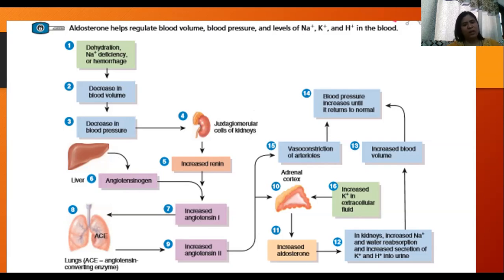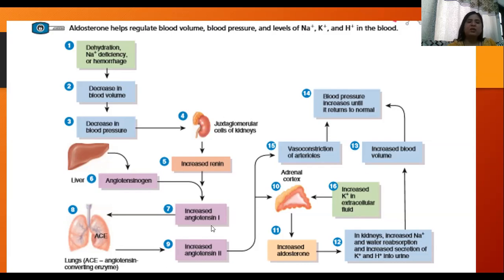Angiotensin 1 will get converted to angiotensin 2 with the help of ACE, that is angiotensin converting enzyme.